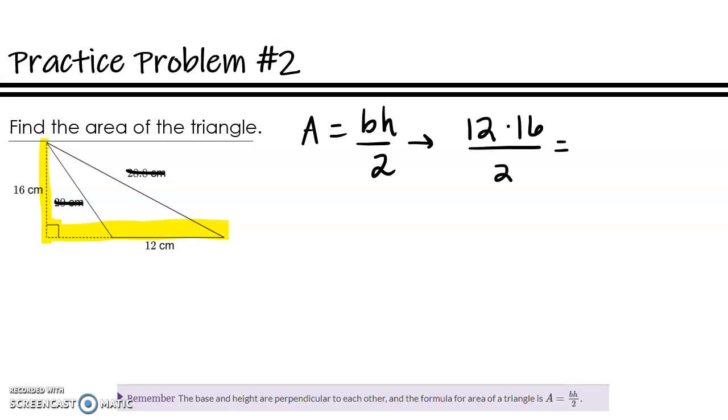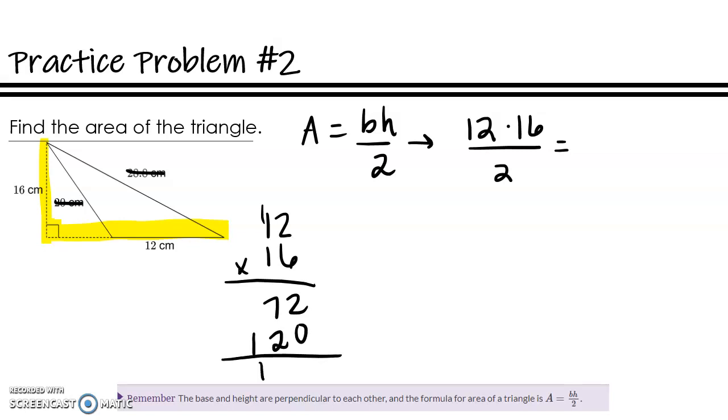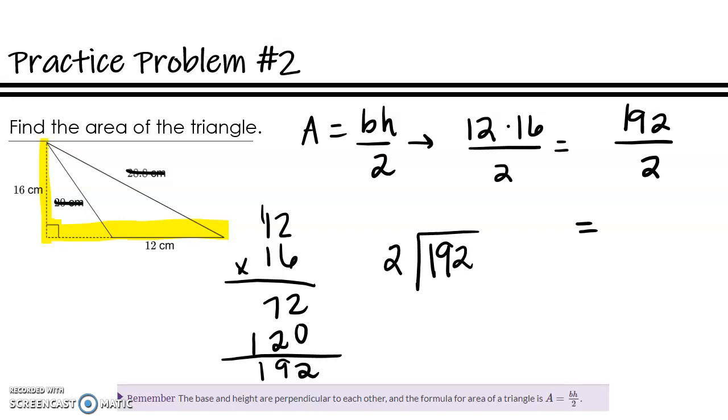12 times 16 is 192, and then I have to divide that by 2 at the end. Notice I'm showing my work.